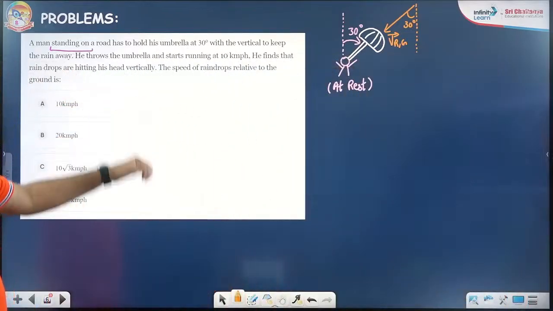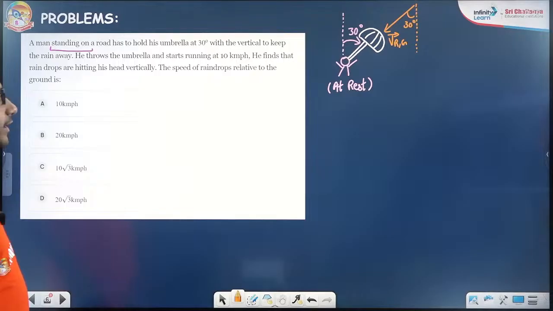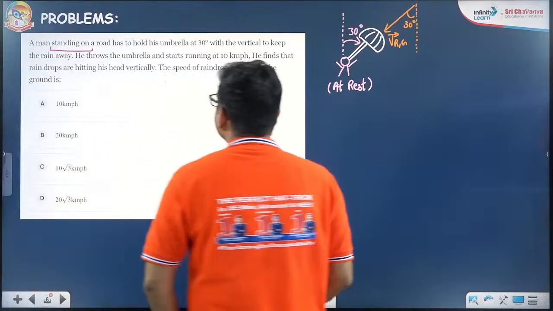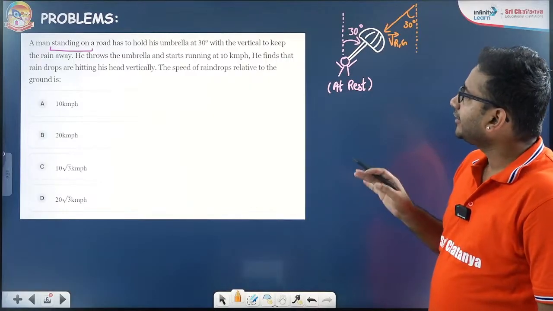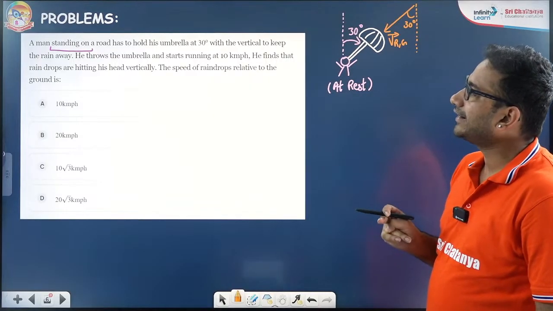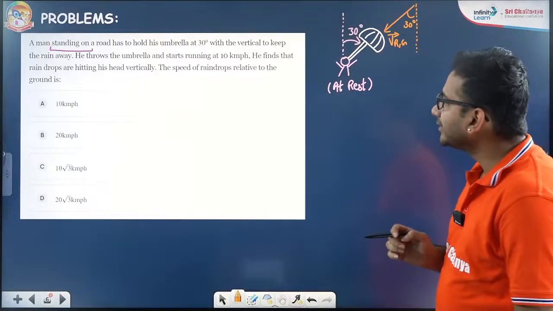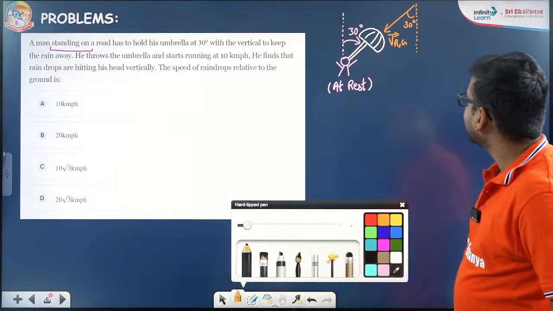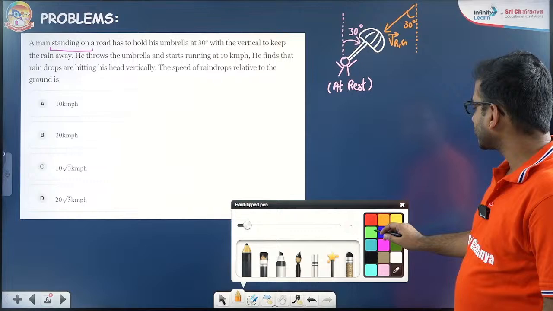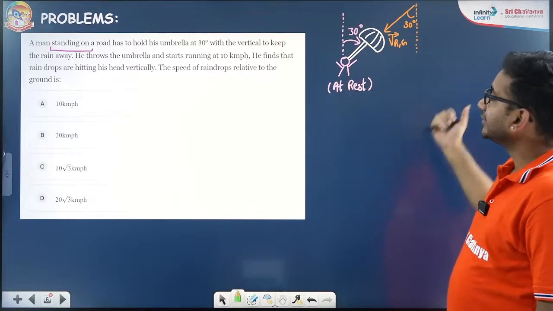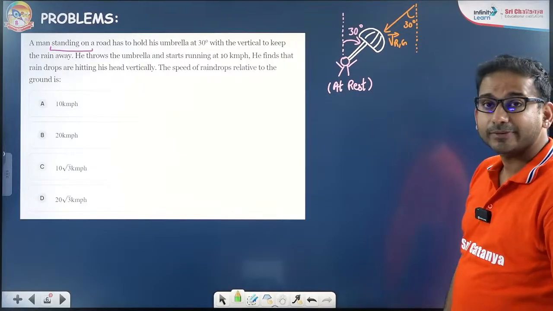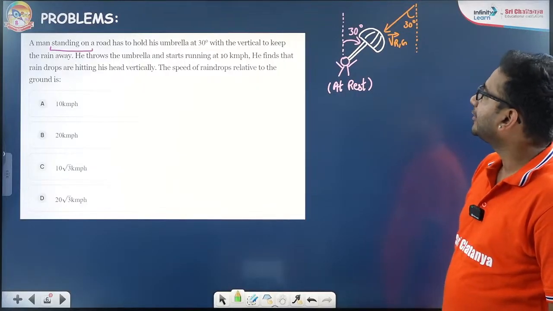He throws the umbrella and starts running at 10 km per hour. He finds that the raindrops are hitting his head vertically, which means now, in the second situation, the person starts running with a speed of 10 km per hour.